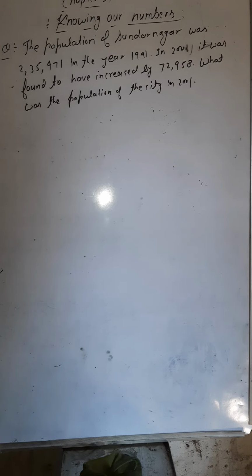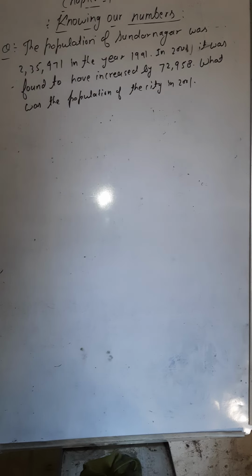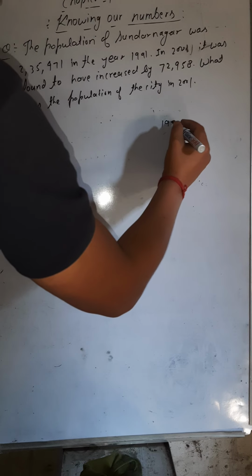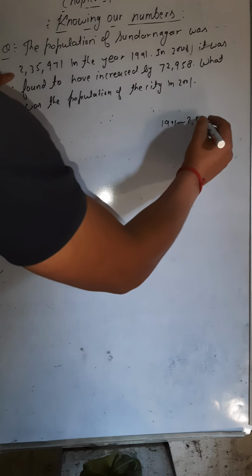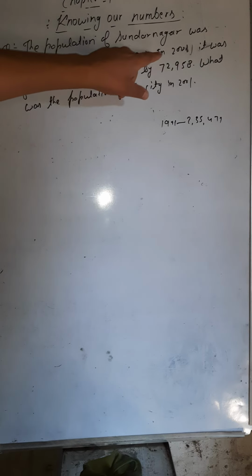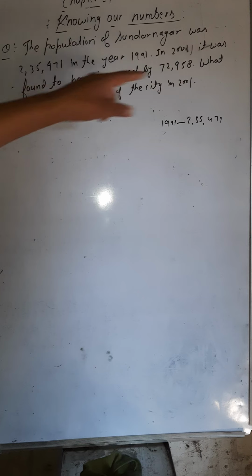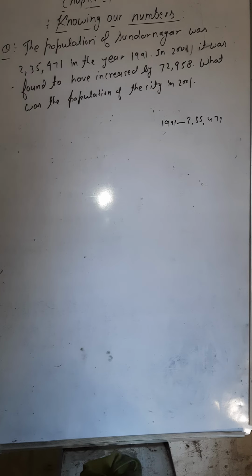Now see, the population of Sundarnagar was this much in the year 1991. So in the year 1991, the population at that time was 2,35,471. Okay, now what is it saying? In 2001 it was found to have increased by 72,958.